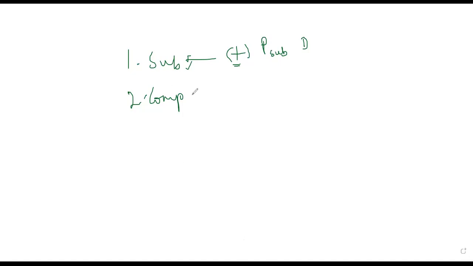And if you come to the complements, they are the supporting products. Okay, students, complements are the supporting products. For example, bread is a product. One of its supporting products can be jam. So jam is a complement of bread.